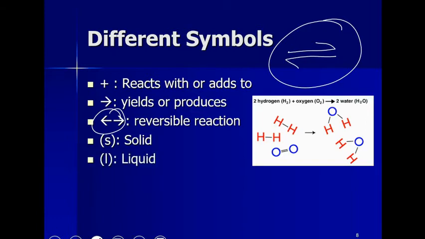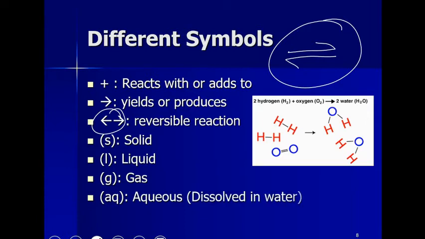S is solid, L is liquid, G is gas, AQ is aqueous, which again means dissolved in water. Heat added, you would do an arrow with a triangle over it. And then finally, one last one is a catalyst being added.